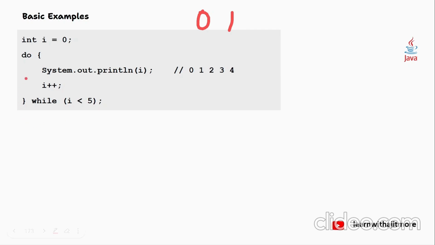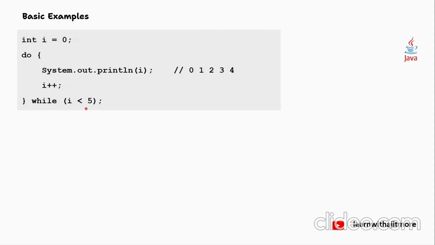Is 2 less than 5? Yes. Come back, print 2, and make it 3. 3 less than 5? Yes. Come back, print 3. Make it 4. Is 4 less than 5? Yes. Print 4. And then i++. I will become 5. Is 5 less than 5? False, and it will stop.